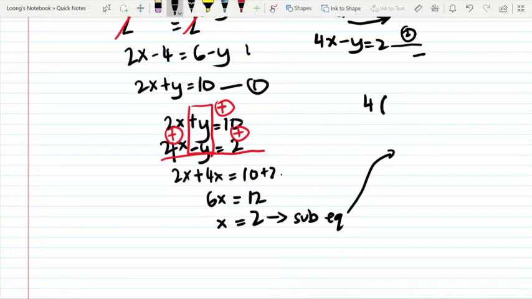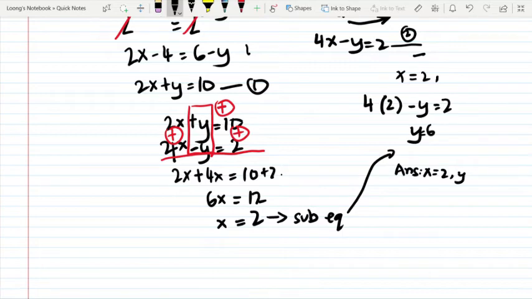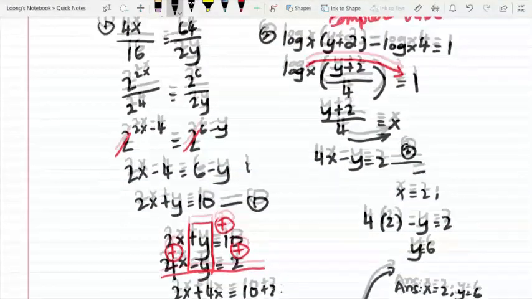So 4 minus y equals 2, and y is 6. So the final answer is x equals 2, y equals 6, and this is the final answer.